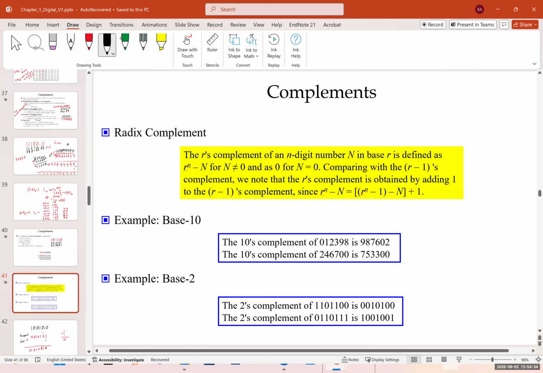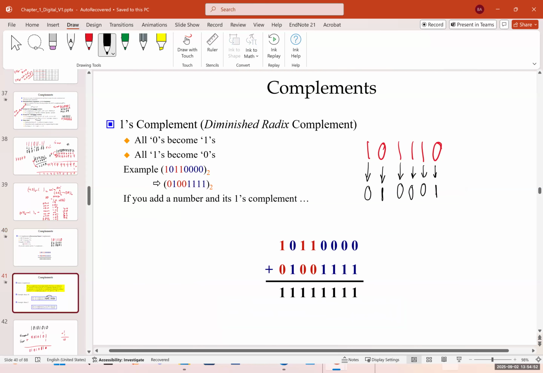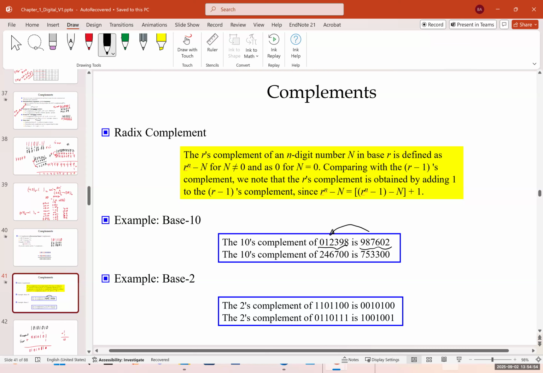Now you may think, how did we get the 10's complement? How did you get 987602 from 012398? Again, we can go back. For a decimal number, base of 10, what are our numbers between? The numbers are between 0 and 9. Am I correct?